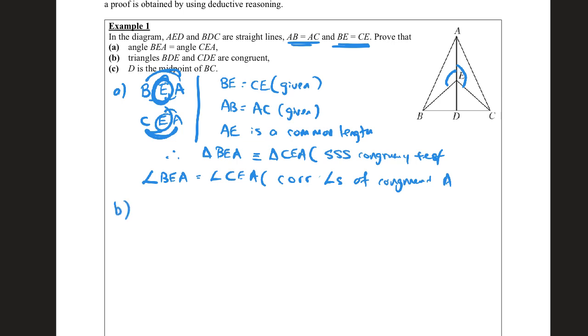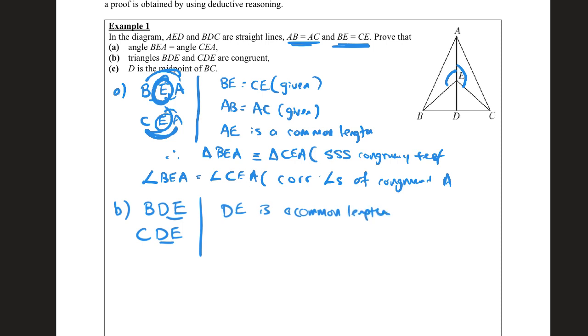For part B, we need to prove that the two triangles BDE and CDE are congruent. To prove congruency, I always aim for the same letter first, or the same length. So DE is a common length.